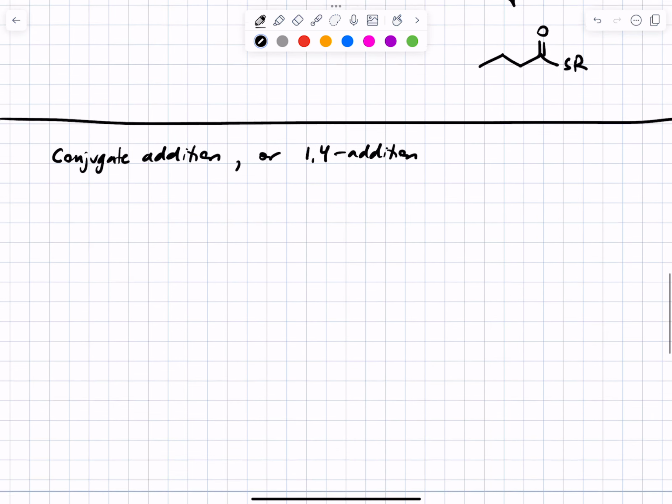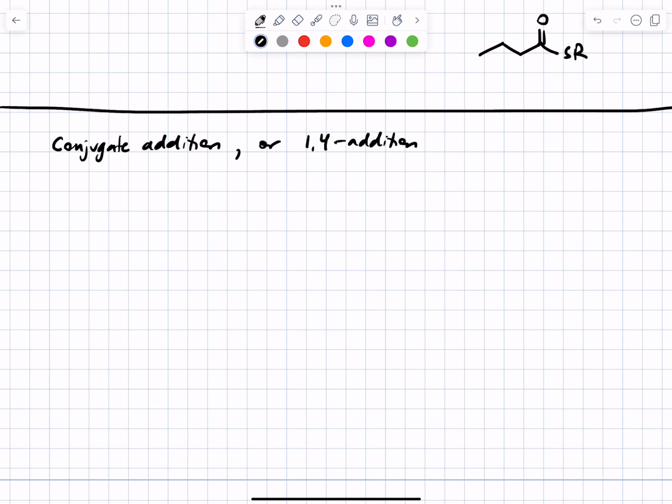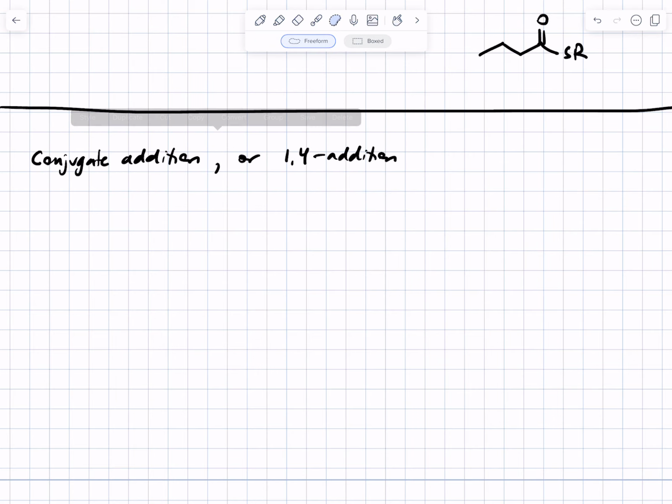You saw this before in chapter, whatever it was, 13 on cuprate chemistry. Cuprates can attack alpha beta unsaturated carbonyl compounds at the beta carbon. In this case, we're going to use an enolate as a nucleophile.